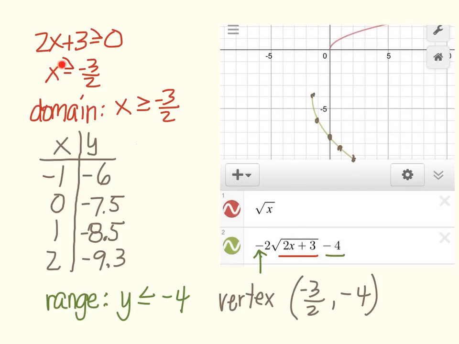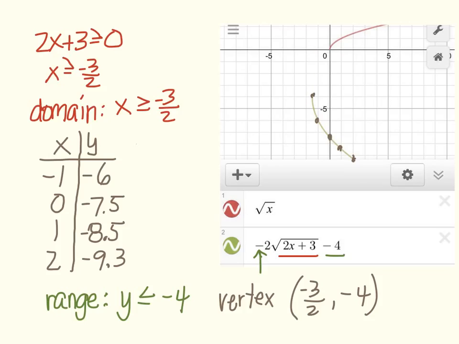So here's 2x plus 3 greater than or equal to 0. When I solve that by subtracting 3 and dividing by 2, I get x greater than or equal to negative 3 over 2, so that's negative 1.5. And you can see here my tail starts at negative 1.5.